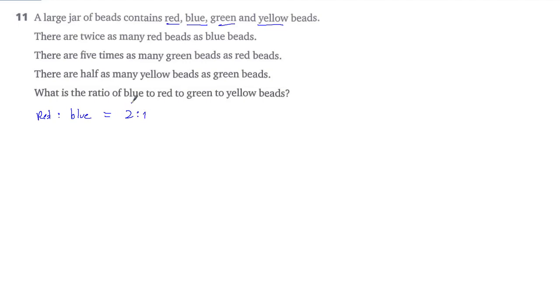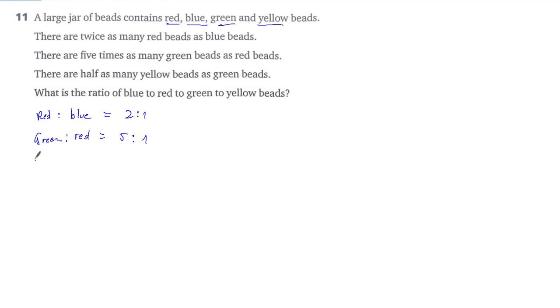There are 5 times as many green beads as red beads. So green to red should be 5 to 1. There are half as many yellow beads as green beads.